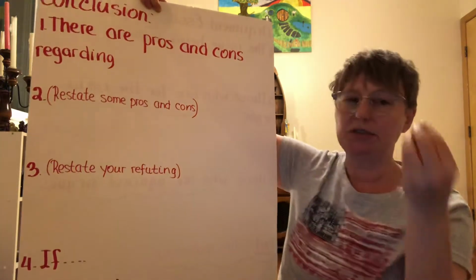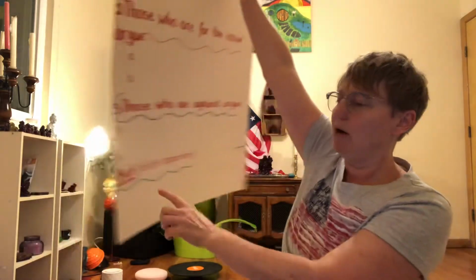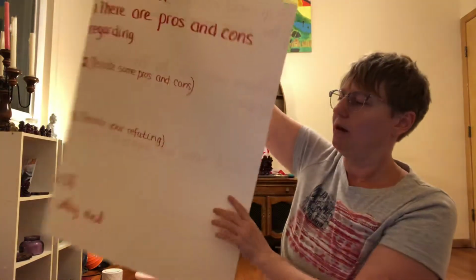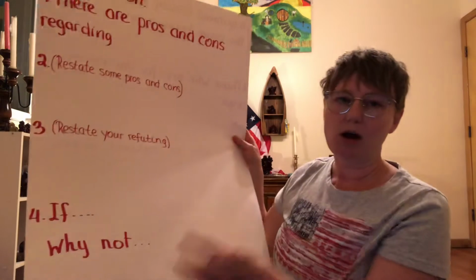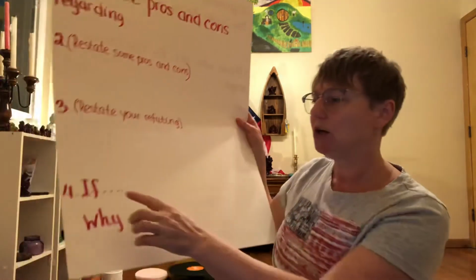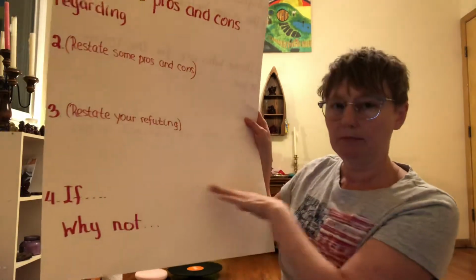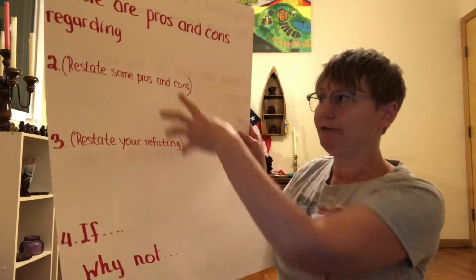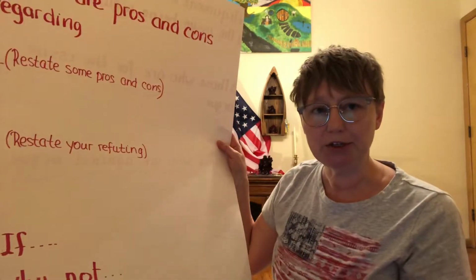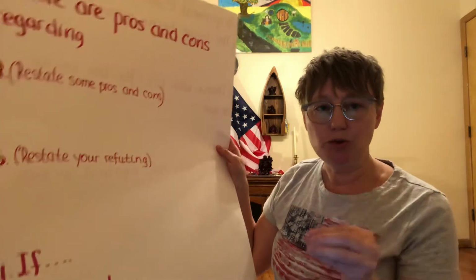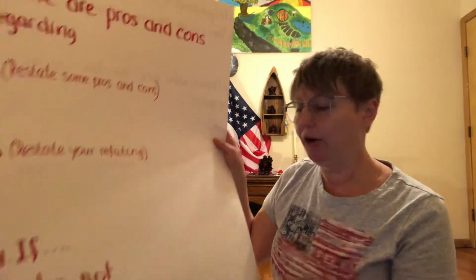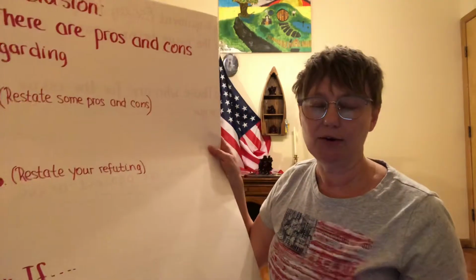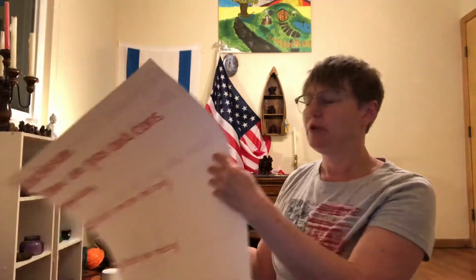Number 3, restate your refuting of the argument. And the concluding sentence will start with if blank, why not, blank period. If you would need to do the reconstruction of the building sooner or later, why not start it right now? It's just an example. So I will want you to work on this chart first.